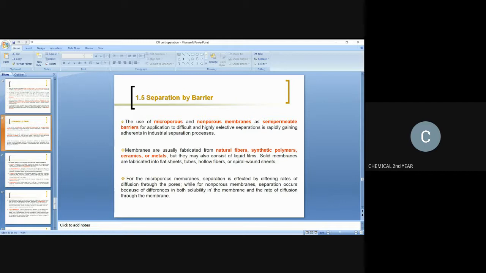For the microporous membrane, separation is effected by differing rates of diffusion through the pores, while for a non-porous membrane, separation occurs because of differences in both the solubility in the membrane and the rate of diffusion through the membrane.